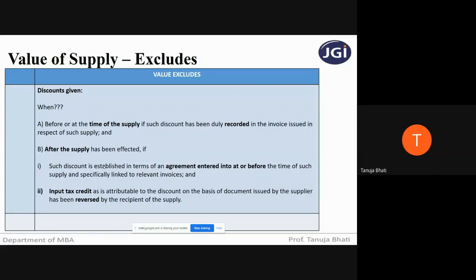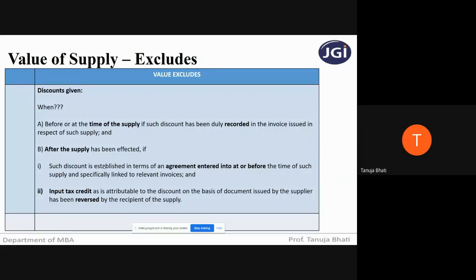But the discount was decided that I will give you discount after 3 months, if you purchase any number of items from me. So on this 50,000, the input tax credit is given to whom? To the recipient. Now this recipient, when he gets the discount, he has to reverse the input tax credit on this discount.